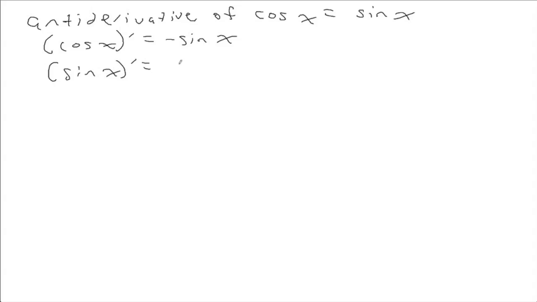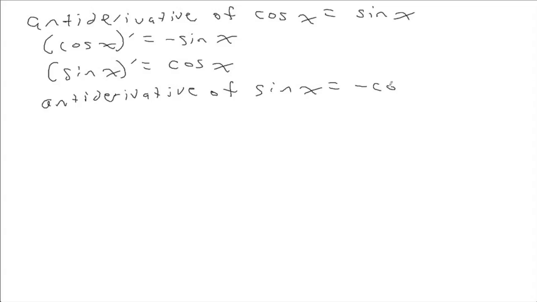And what's this? Cosine of x. And what's this? Negative cosine of x. Okay, all right.